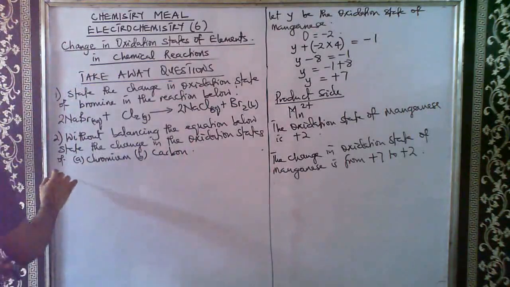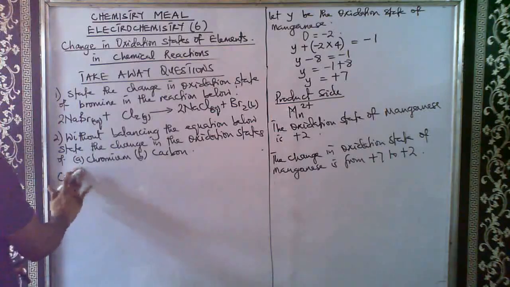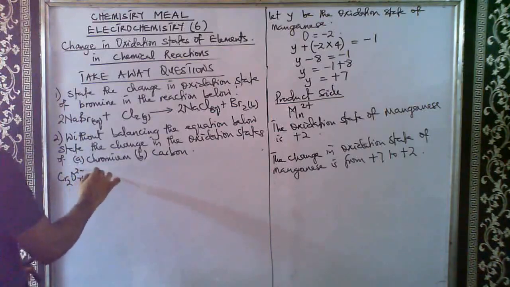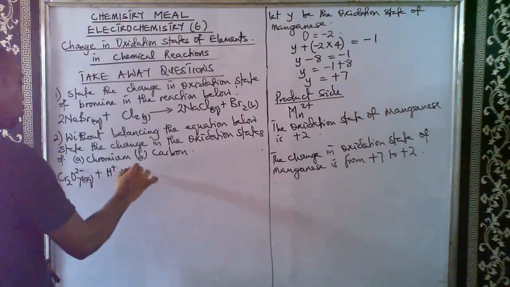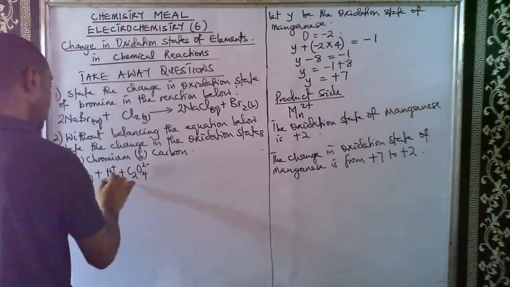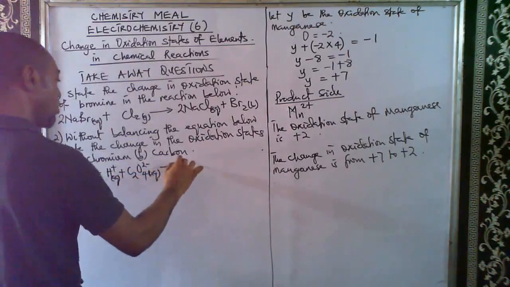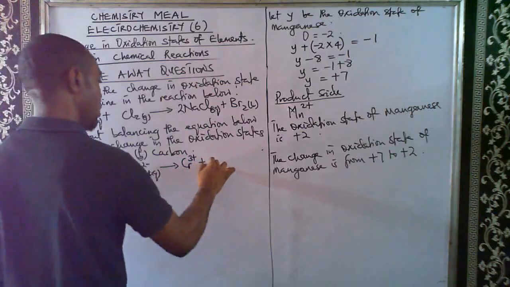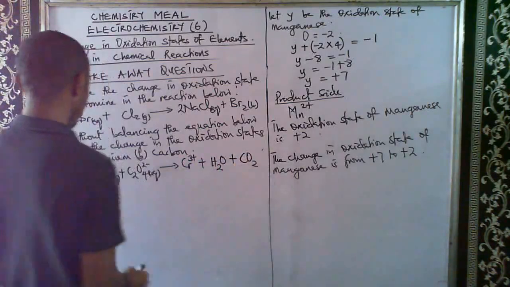So what is the equation? The equation is Cr2O7 2 minus plus H plus plus C2O4 2 minus, to give us Cr3 plus, H2O plus CO2.